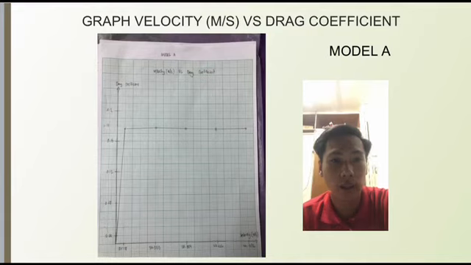On the x-axis we have velocity and on the y-axis we have drag coefficient.